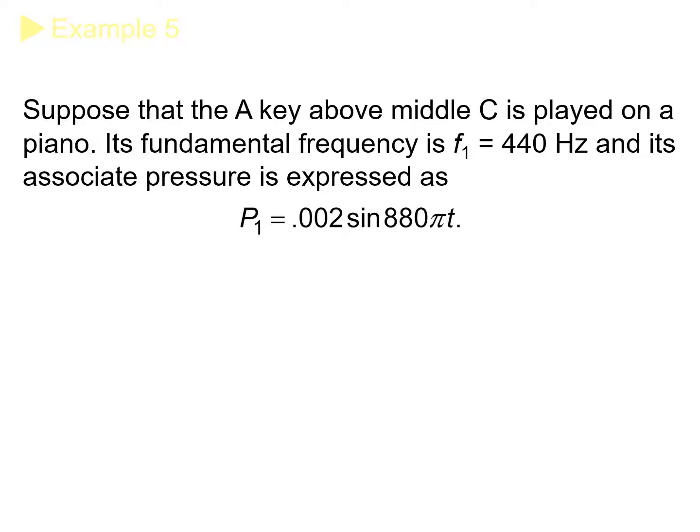So suppose that the A key above middle C is played on the piano, and the fundamental frequency is 440 hertz. And the pressure wave is 0.002 sine 880 pi t.